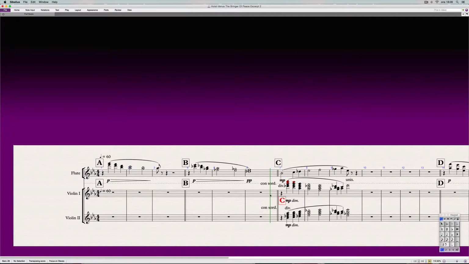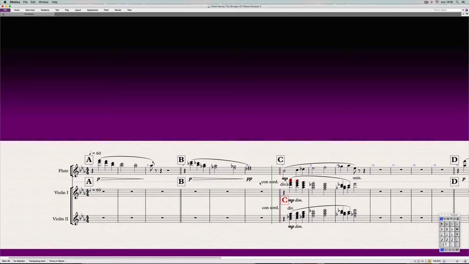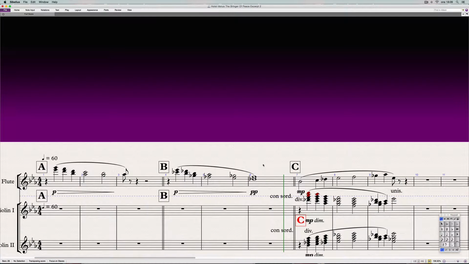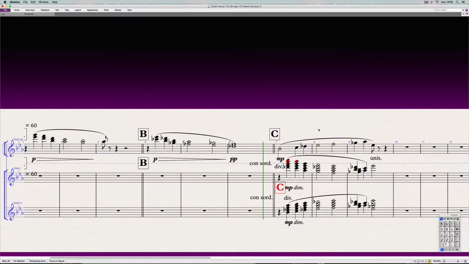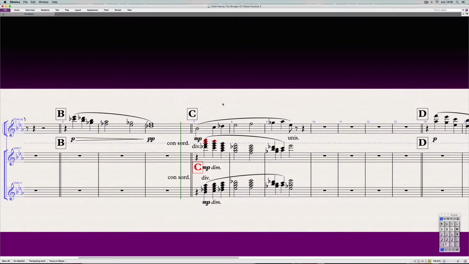And it's also con sordino, that means mute, and you get a more sort of Bernard Herrmann type sound. He used it a lot.